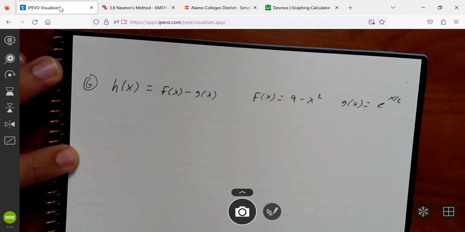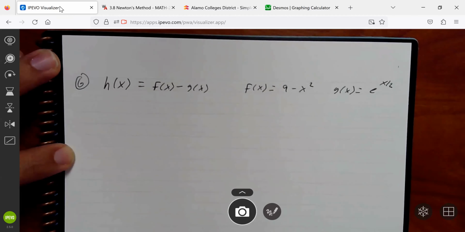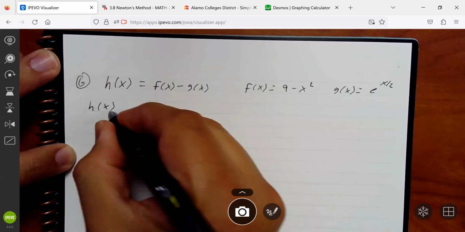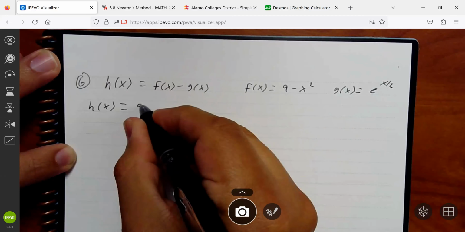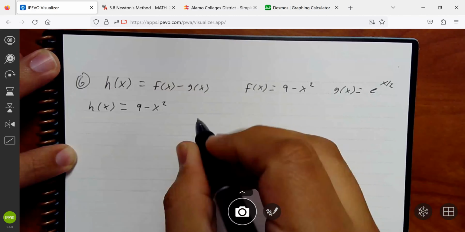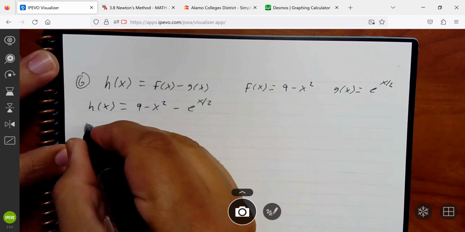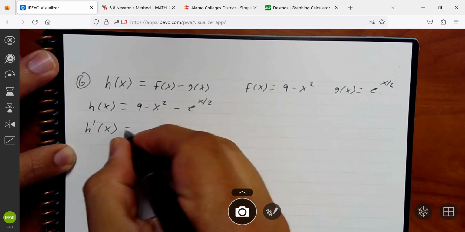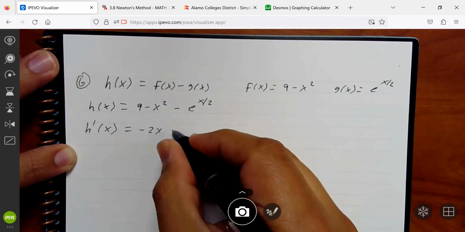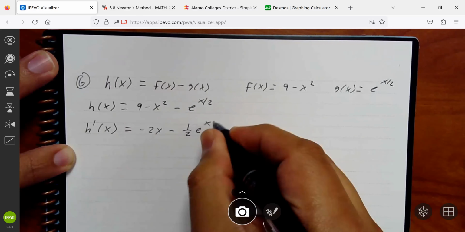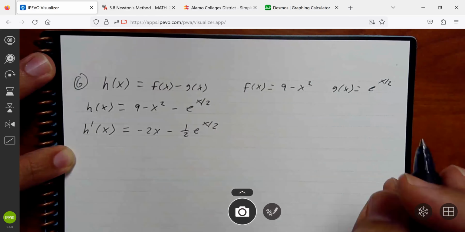Okay. So h of x is equal to 9 minus x squared minus e to the x over 2. The derivative is equal to -2x minus 1/2 e to the x over 2 once you do all your derivatives.